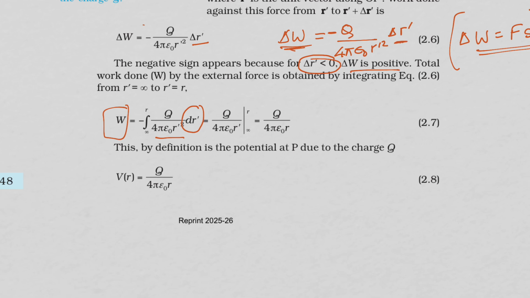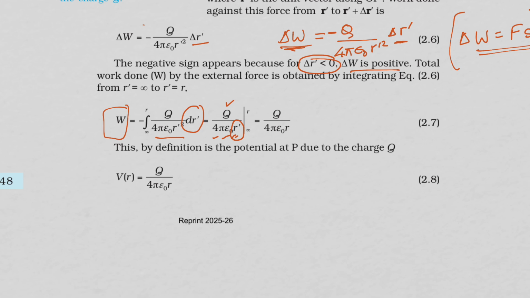Now we are integrating it. So these values are the constant values. This will just come on the left hand side, and here only R is the one which is a variable.